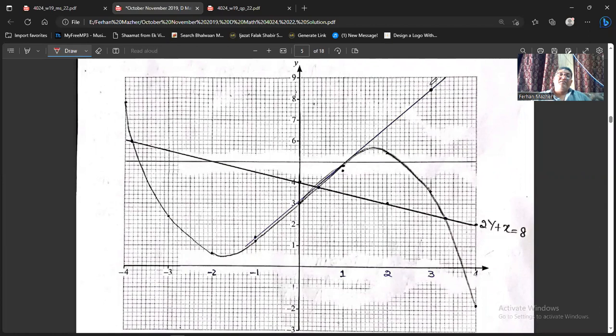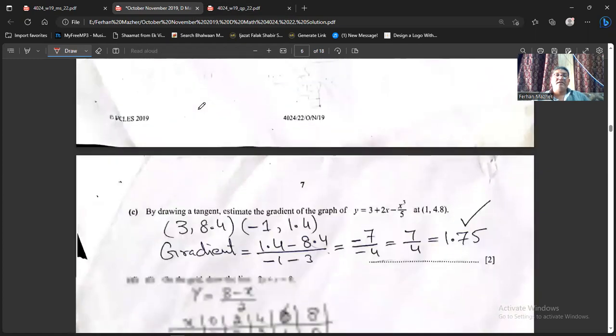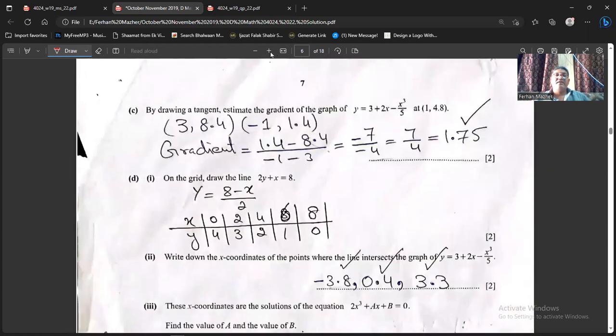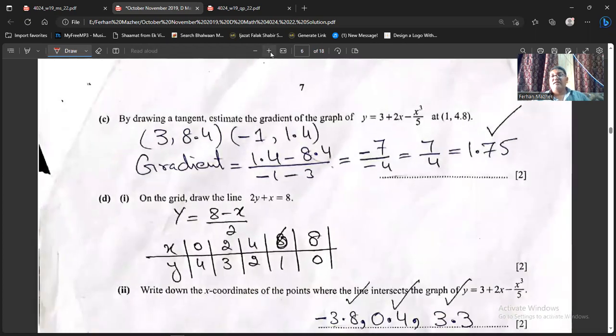Okay, so then I will take 2 points on that tangent. I will take this point, which is (3, 8.4), I think. And at x = -1, it is 1.4, I think. So we can find the gradient, and my gradient is a little more than the answer given in the marking scheme.